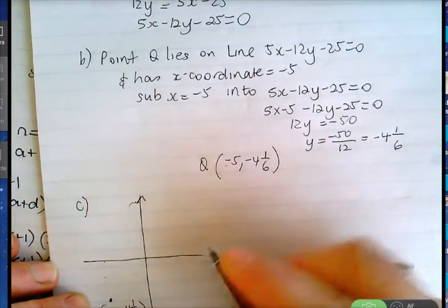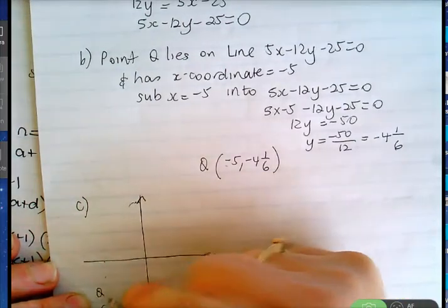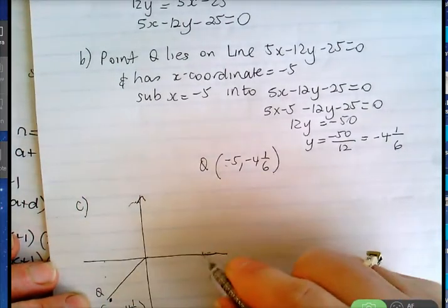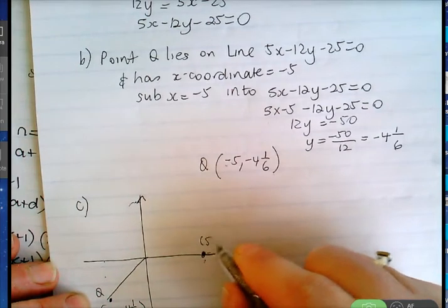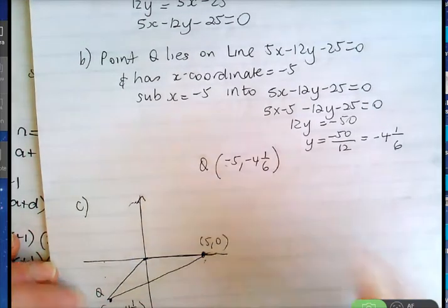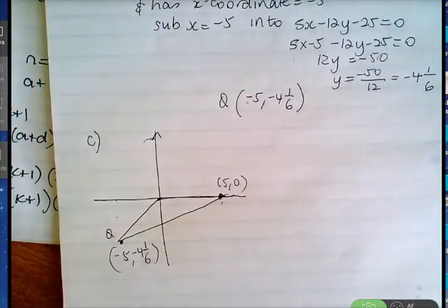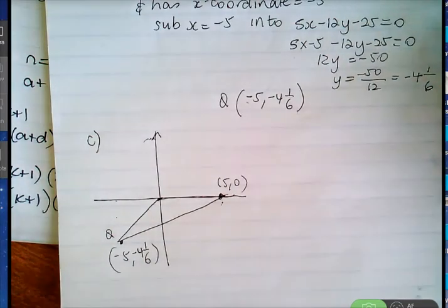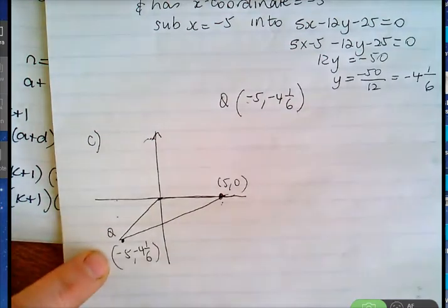We want O, and F, the focus, is (5, 0). Shouldn't it be positive? 12y equals positive 50? No, because if I take this 12y over to the other side, I get -25 minus 25, so I get -50. So girls, we need the area of this triangle.